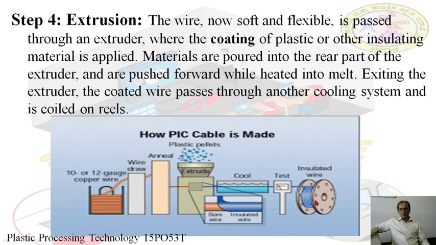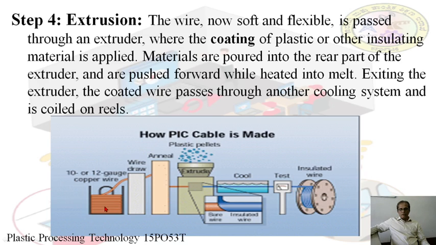Now the wire coil which is placed here, which is a conductor of the wire, is taken out and tested by passing through a small opening in the gauge, and it is passed to cool. Now the wire from this side is taken and fed to the extruder, where it gets coated and then passed and reeled.